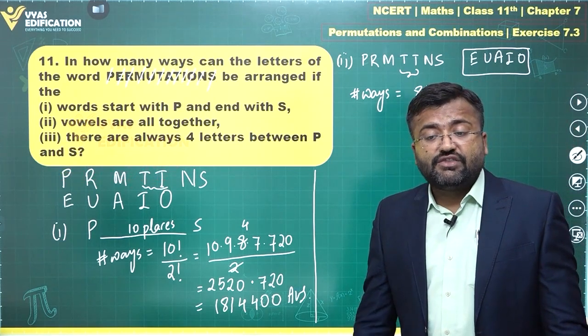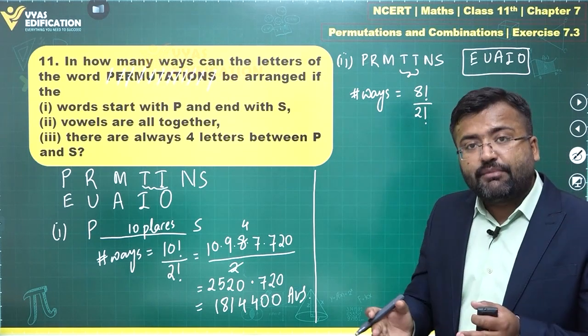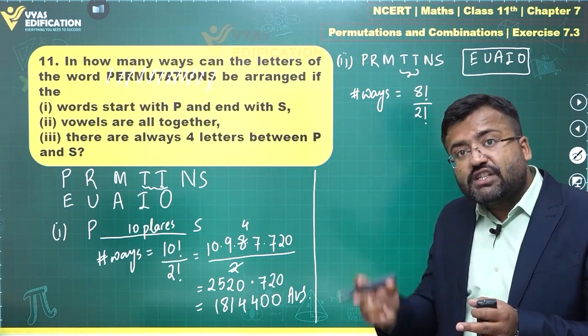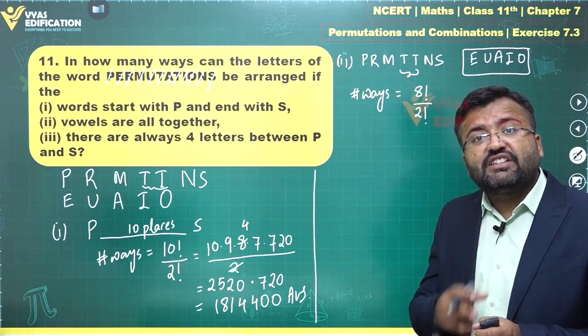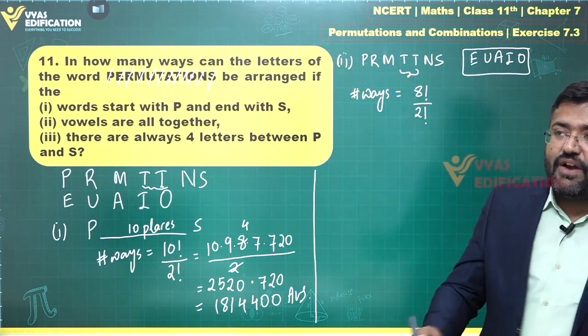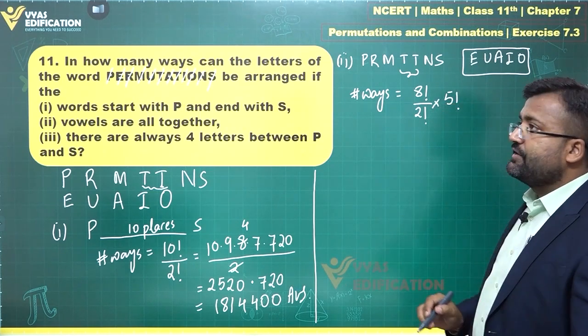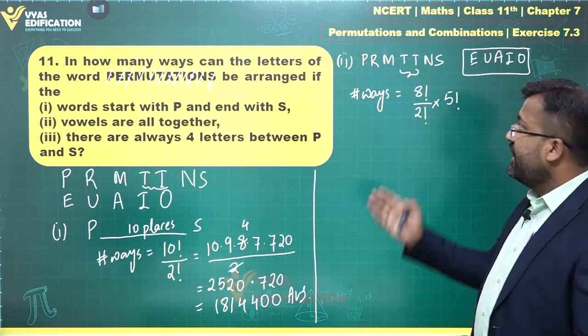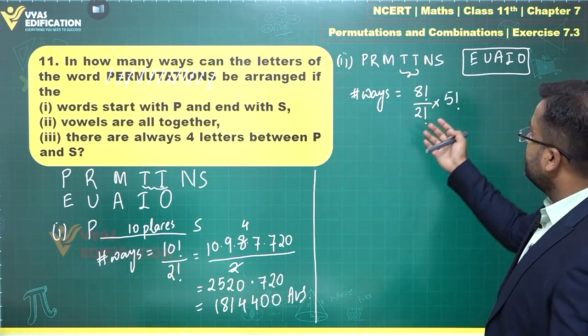The bag will be kept at one location, but the vowels have to be permuted. They occupy 5 places and they can be arranged in 5 factorial ways. So the net arrangement will be this. Both of these are required for finding the total number of ways.